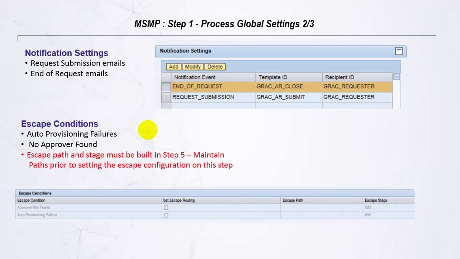In the initial stage, there are two events available at the global level. One is the request submission and the other is the request closure, the end of the request. We consider those as global notifications. These two notifications are available in the process global settings, and we can set them.